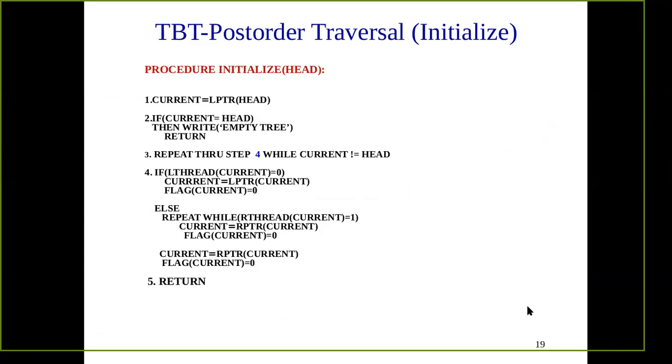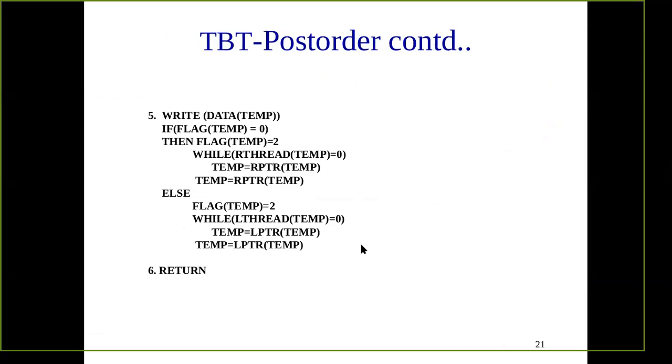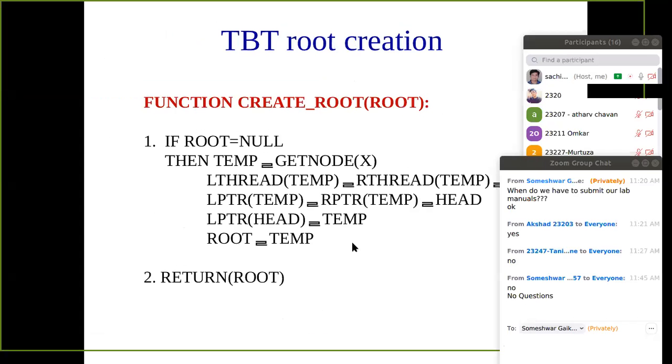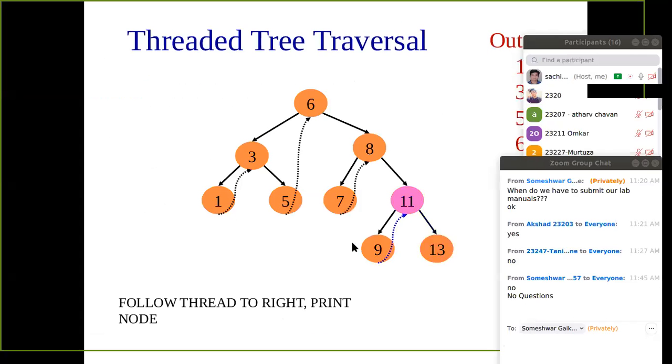Okay, so that was the part we are supposed to cover in this first session. So we have covered what is threaded binary tree, how we are using that one, what is the advantage of threaded binary tree, and how we can traverse the threaded binary tree by using in order traversal.